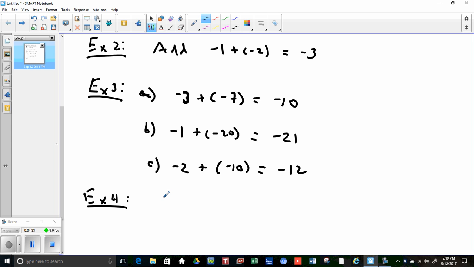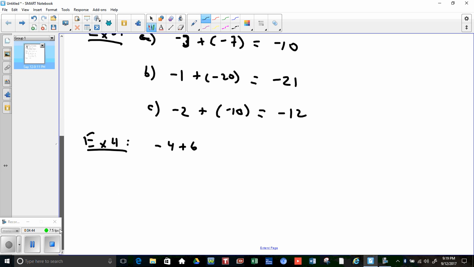But now what if we have a combination of positives and negatives? We've got -4 plus 6. So what that really says is I'm going to start 4 to the left of 0, but then I'm going to come back to the right because it's plus 6, 6 spaces.